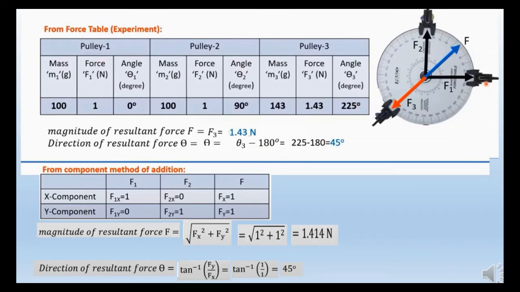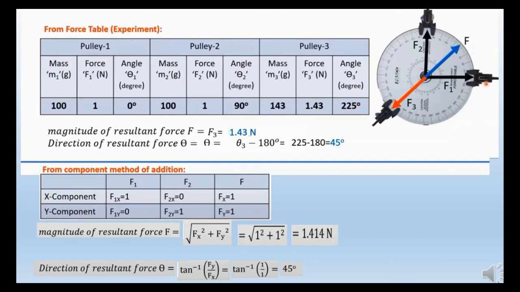Magnitude of resultant force F equals F3 equals 1.43 Newton. Direction of resultant force theta equals theta 3 minus 180 degrees, equals 225 minus 180, equals 45 degrees.